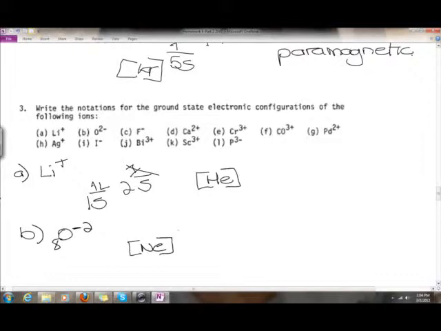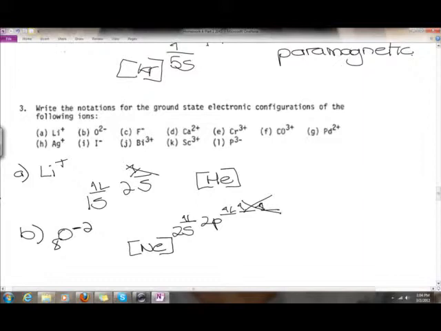It's going to be 2s2 and 2p, 1, 2, 3, 4. There you get the valence of oxygen. What happens if oxygen gains 2 electrons? Gains 2 electrons.